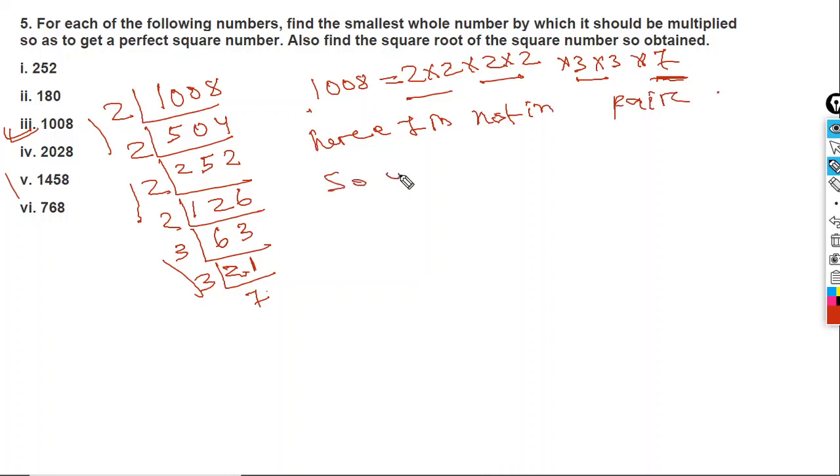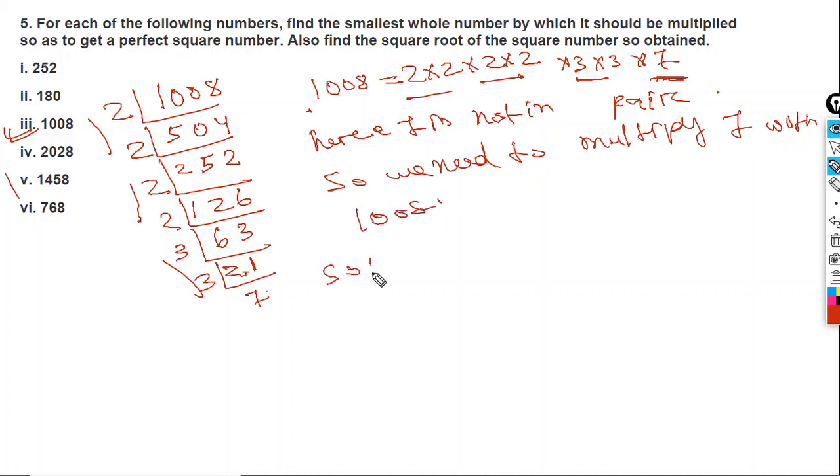So we need to multiply 7 with 1008. So 1008 into 7 will be equal to 7056. Okay, this will be the number.